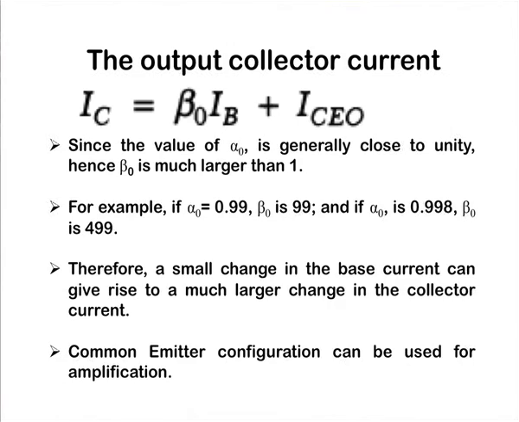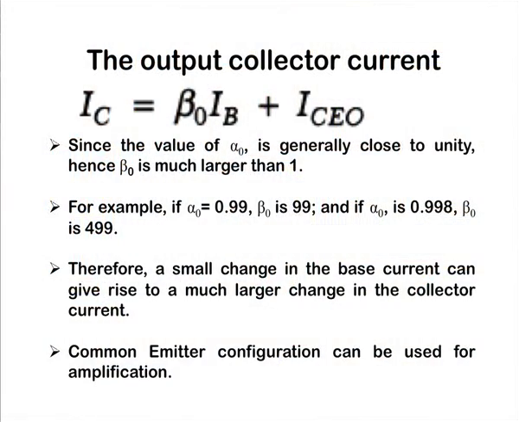If you take an example, where our common base current gain factor alpha 0 is 0.99, then if you calculate beta 0, this is 99. If alpha 0 is 0.998, we will get beta as 499.